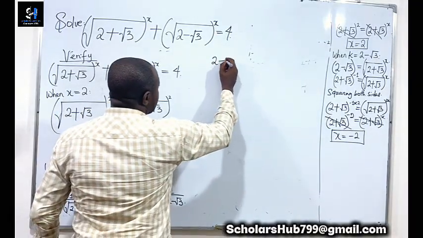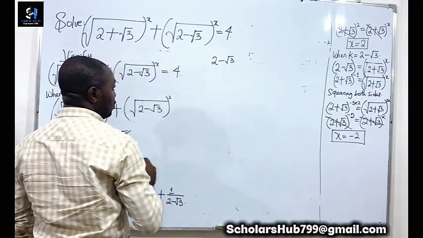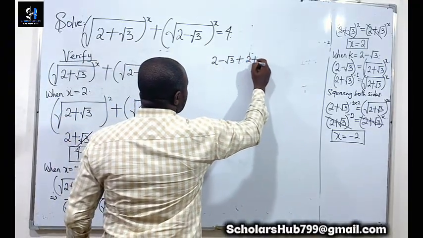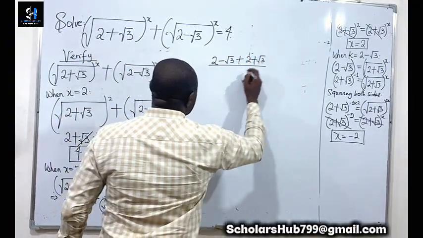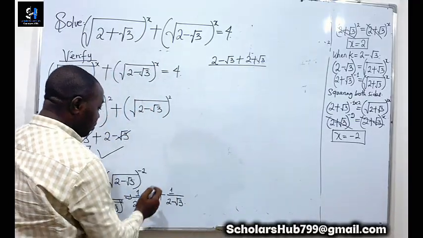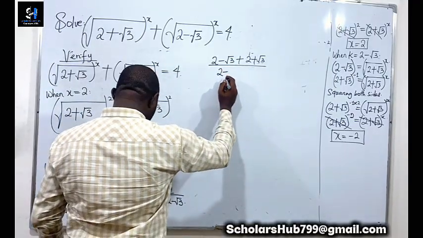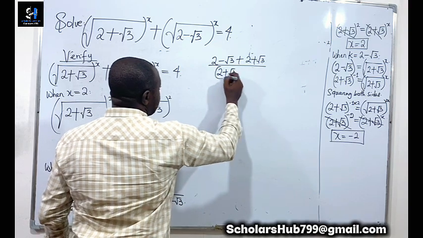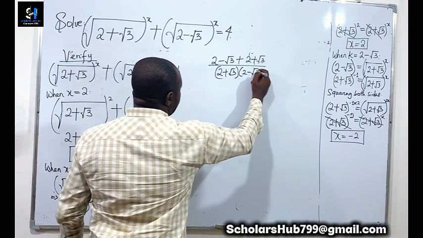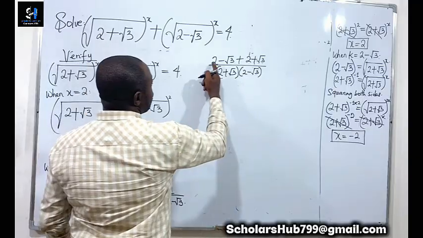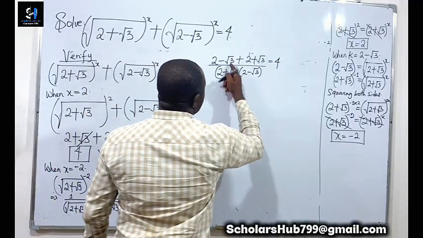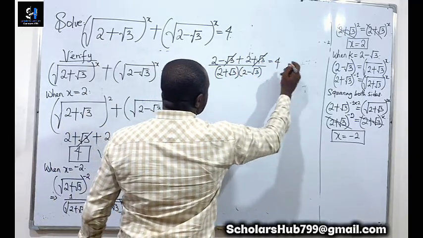I'll multiply this by 1, so that will be 2 minus radical 3 plus 2 plus radical 3, divided by the product of the denominators, 2 plus radical 3 multiplied by 2 minus radical 3. So 2 plus 2 is 4, radical 3 minus radical 3 is 0.